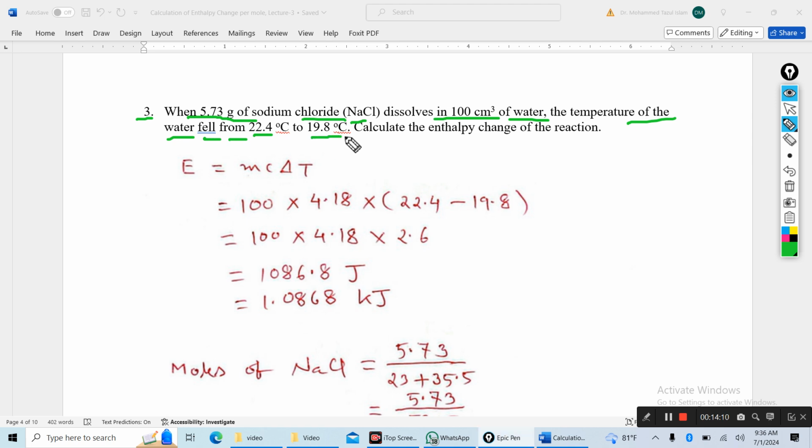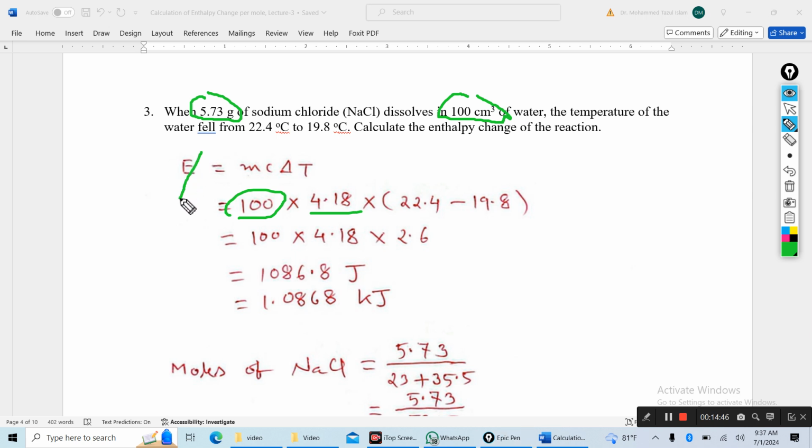The temperature falls, so this is an endothermic reaction. Calculate the enthalpy change of this reaction. That means calculate the enthalpy change per mole for this reaction. What is given? Sodium chloride mass is given, and volume 100 centimeter cube. So M will be 100 gram, and C is 4.18. So now you see the answer.